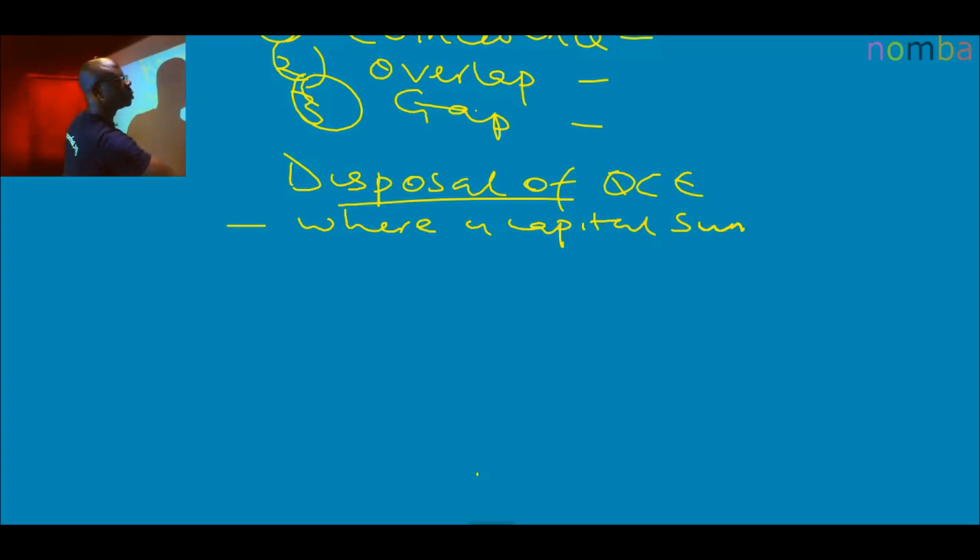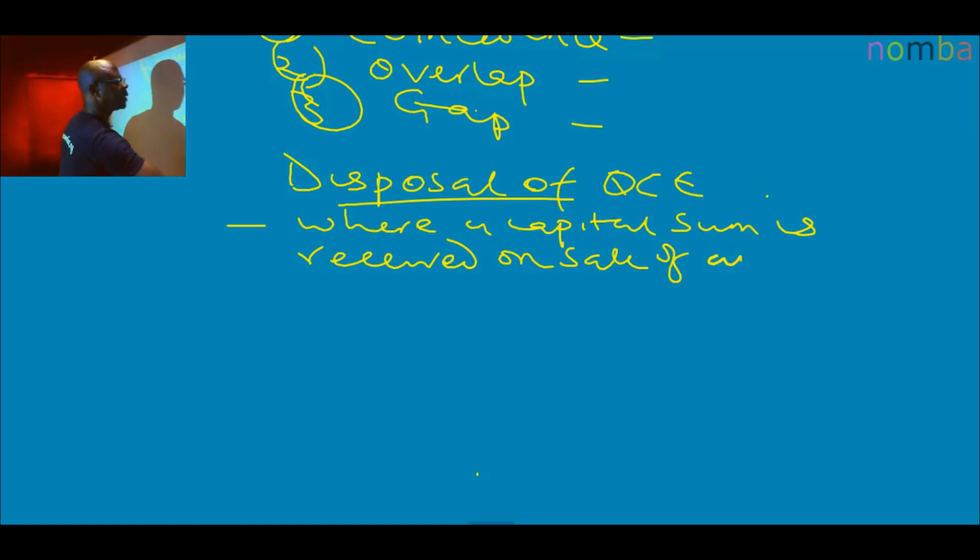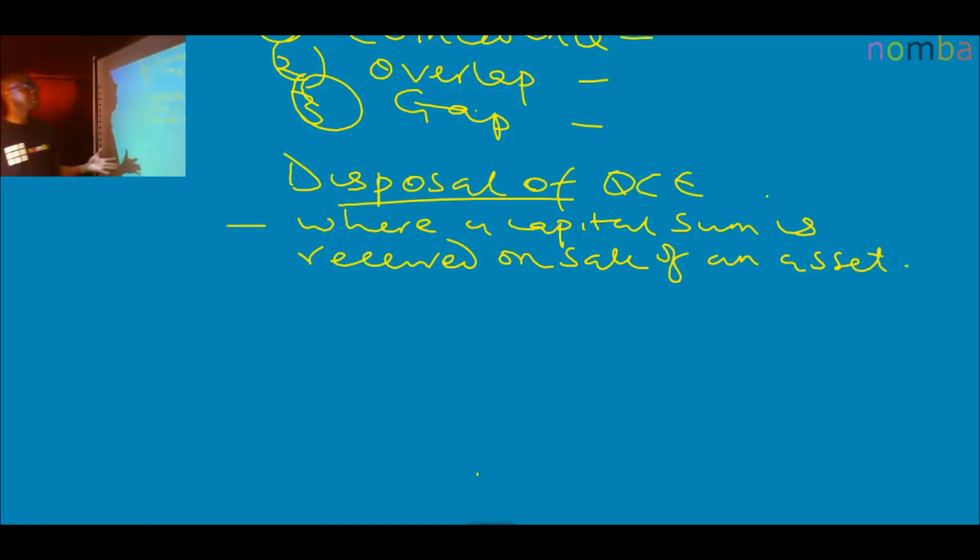So, once there is a sale of an asset and a capital sum is received, we say there is disposal. But note, for capital allowance purpose, disposal does not end here.